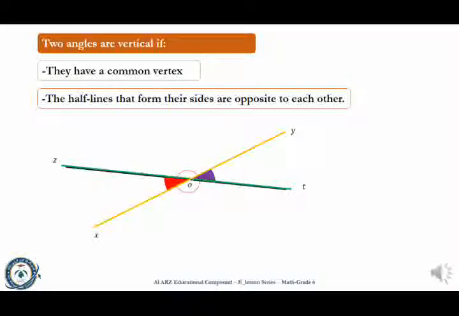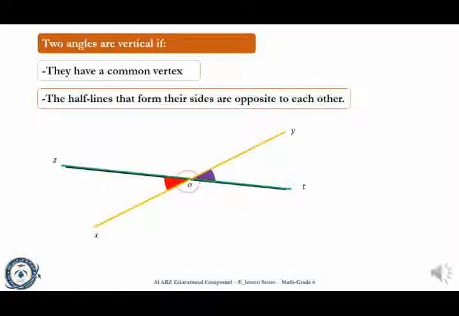Now let us change the order of the angles and take 2 different angles, for example YOT and ZOX. These 2 angles are facing each other. They are opposite to each other.